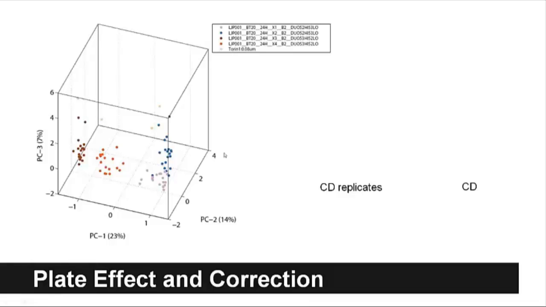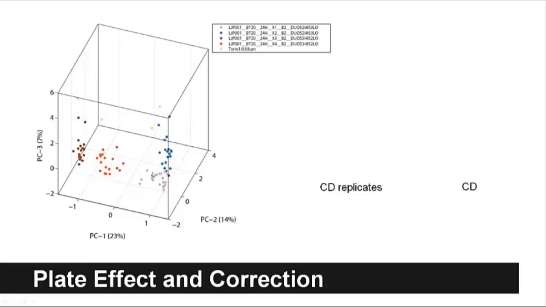This is a PCA, principal component analysis, plot of an experiment and its replicates. This experiment has 4 replicates. These are the controls for the first replicate in plate 1, and these are the control replicates of the second plate.